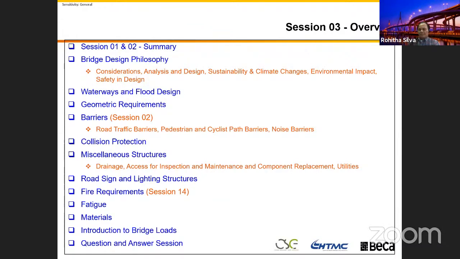So you will realize what I mean by bridge design part 1: an overall understanding of what a bridge is, how it's going to perform, and what we need to do when we are going to design. You can have a clear picture of that after you finish sessions 1 to 3.